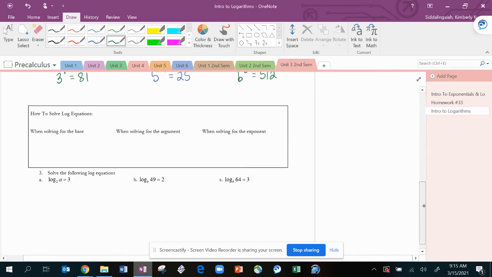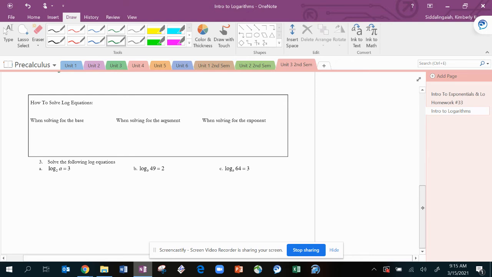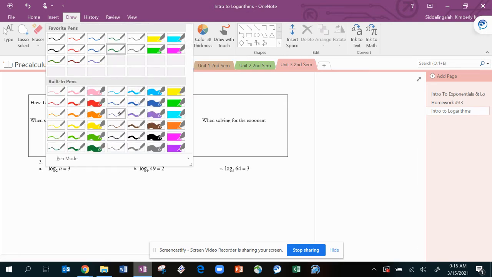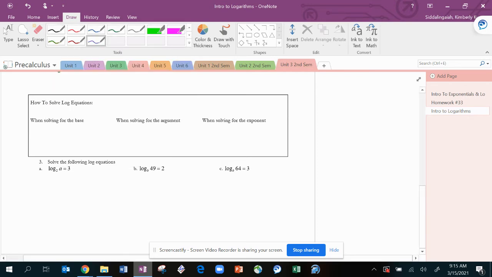Okay, let's take a look at how to solve log equations. So, how to solve a log equation? Well, let's do some steps first. First, we want to isolate the log.